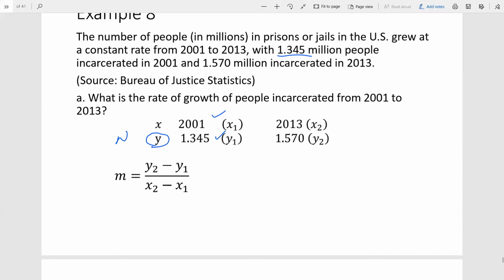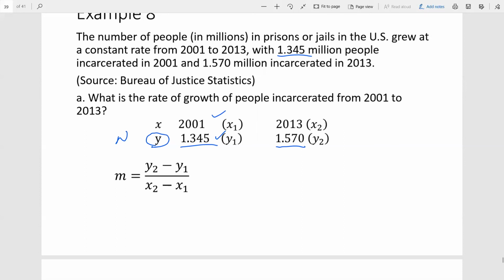So we have x1 and y1 for 2001, 1.345, and then for 2013, the last year that we knew, 1.570 million.